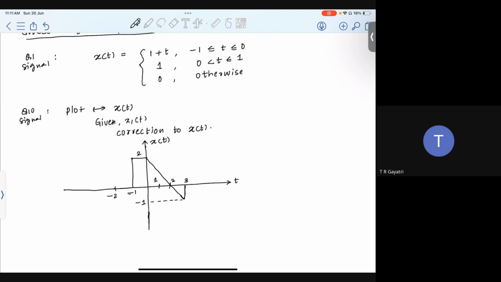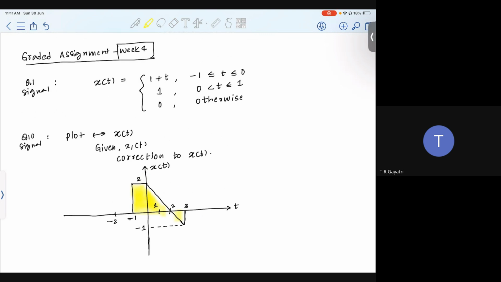Okay, so this is the signal. Can one of you please post these corrections on your group?